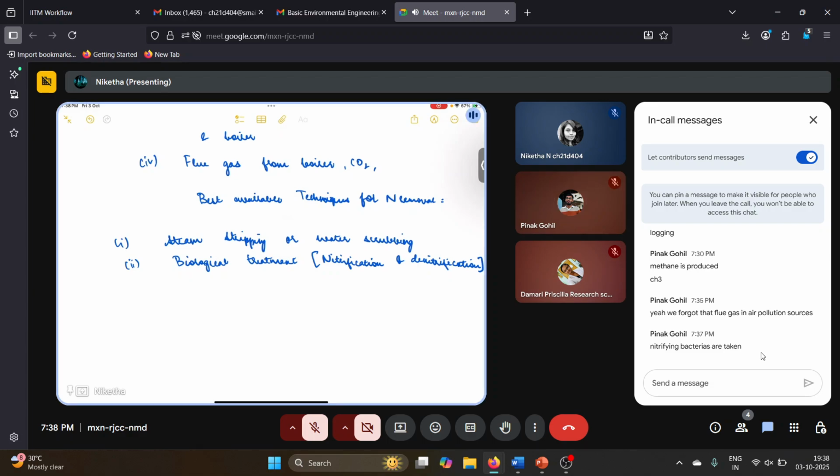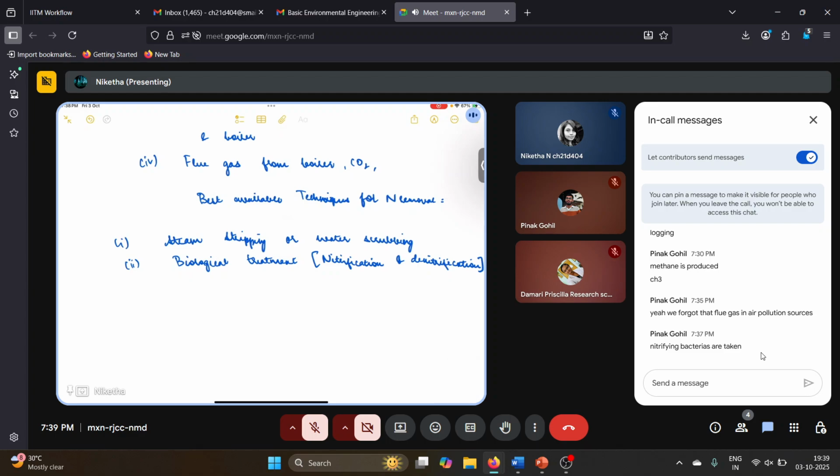See, nitrification and denitrification are both processes that are done in wastewater treatment to remove nitrogen. Both are, one follows the other. So, first there is nitrification where ammonia gets converted to NO2, like you said, NO2 or NO3. And then this NO2 or NO3 is again converted to elemental nitrogen in the denitrification step.